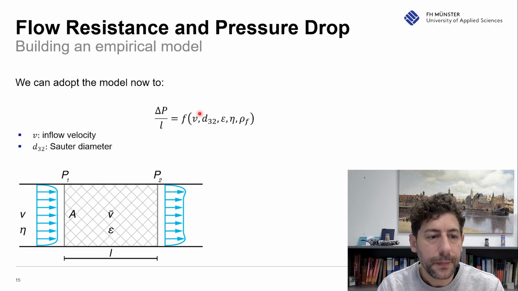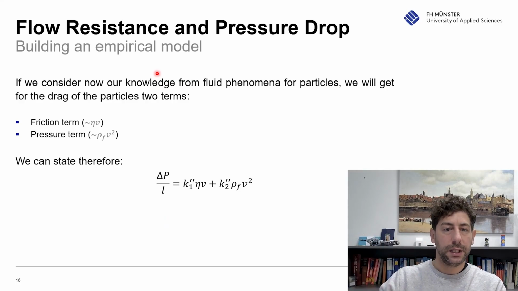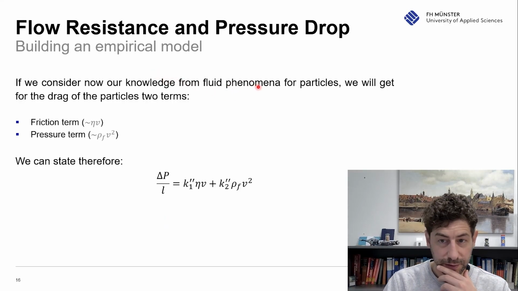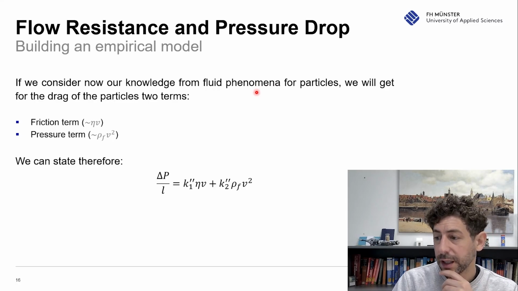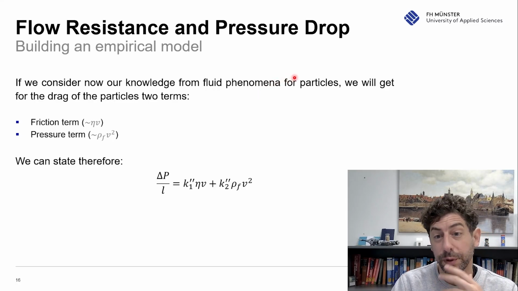Okay. So now we can make use of something we learned earlier, the fluid phenomena for single particles, because in single particles there's also friction, or resistance, in terms of drag. And we learned that this drag or resistance has two terms.